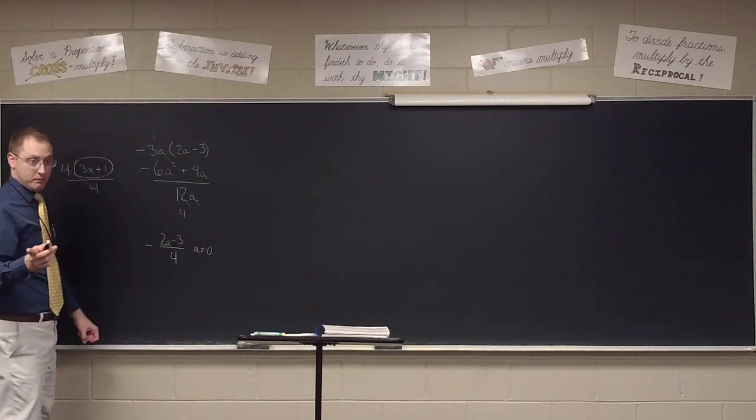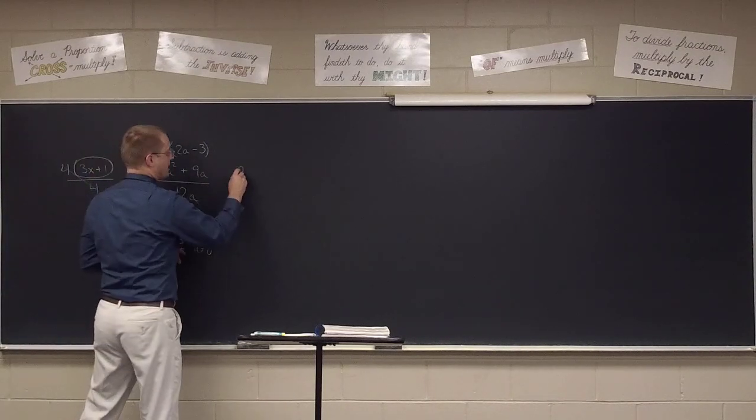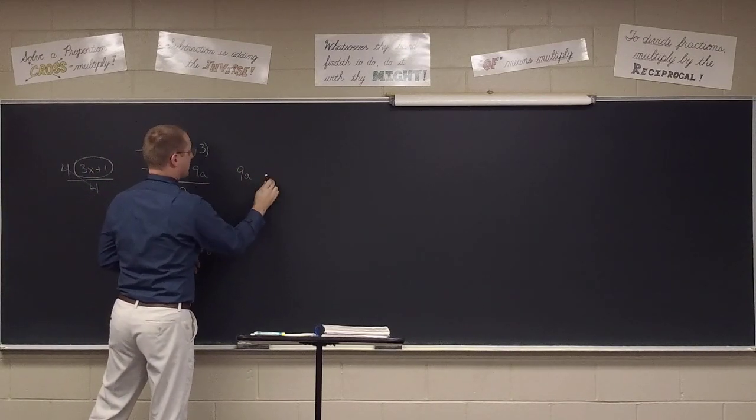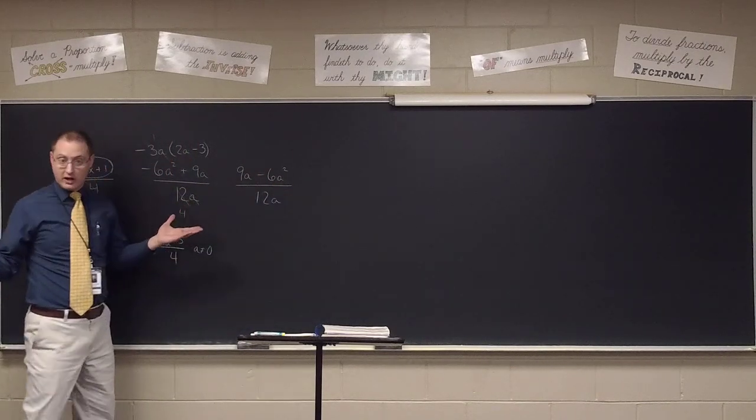Now, that's one way to do it. The other way to do it would be to flip-flop these two numbers and say 9a or negative 6a squared over 12a. Now I don't have to factor out a negative, do I?